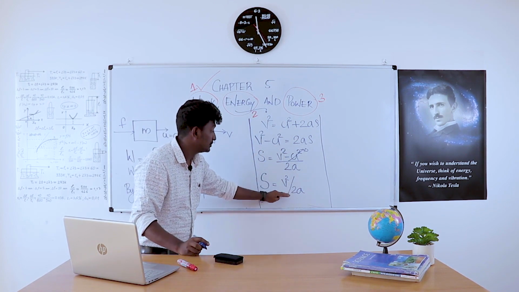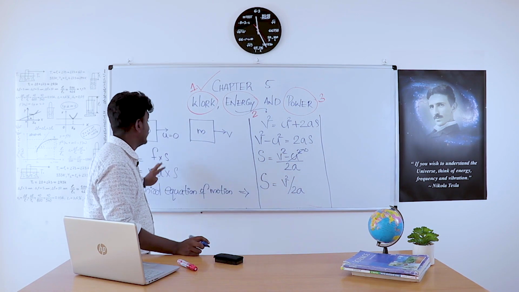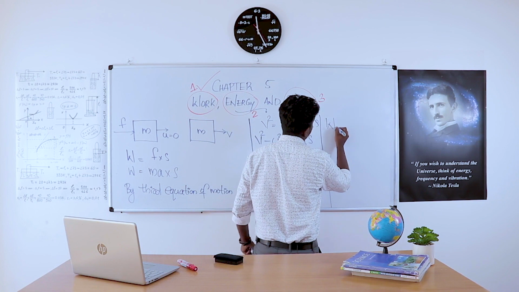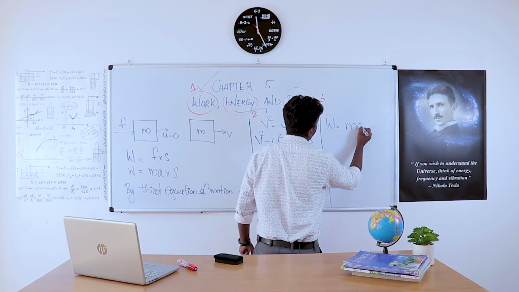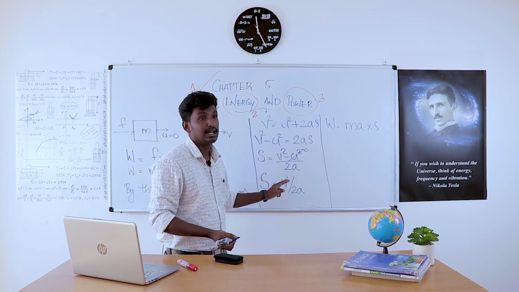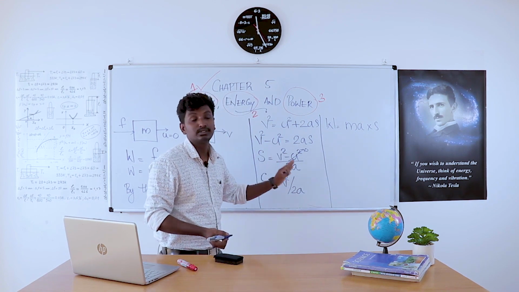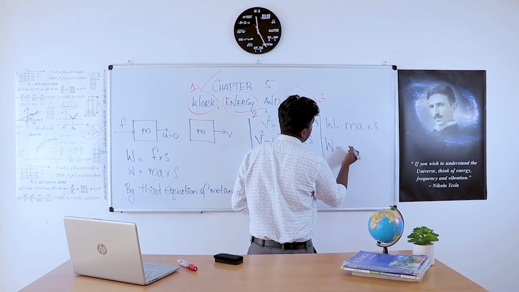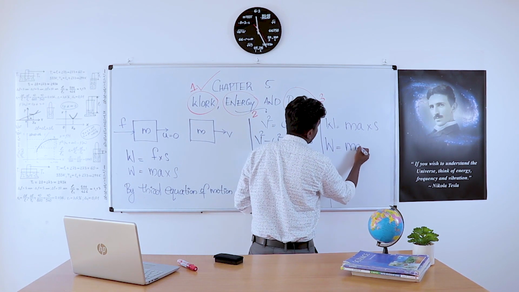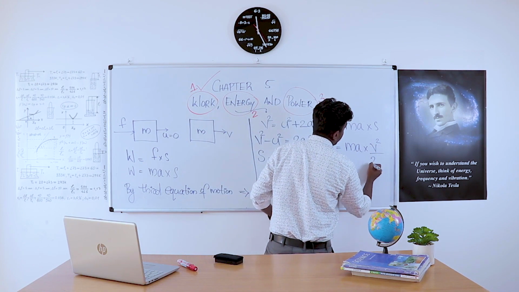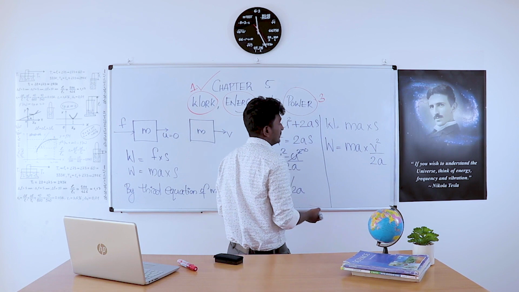Just substitute this value in the equation for work. We have W is equal to ma into s, and s is equal to v square by 2a. Therefore, W is equal to ma into v square by 2a.